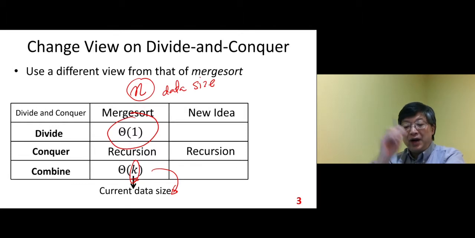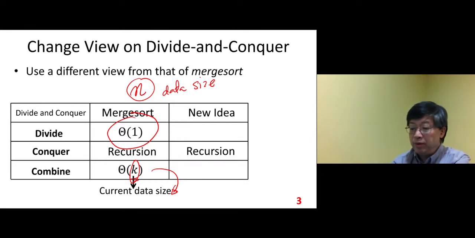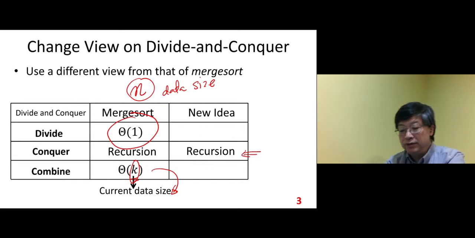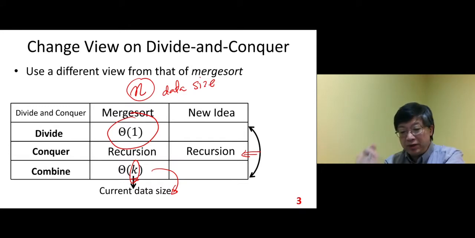Now, the new idea. We still want to use divide and conquer, but in a completely different view. The conquer step is still recursion, so we do not change that step. For the divide and the combine, we want to take the opposite way to our merge sort.